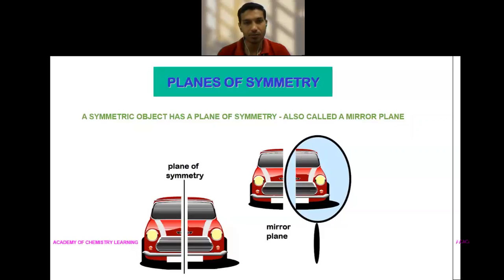In short, plane of symmetry is when you pass the plane through the center of that object, and that plane divides the object in two equal parts, and both parts are mirror images of each other. That is called plane of symmetry.